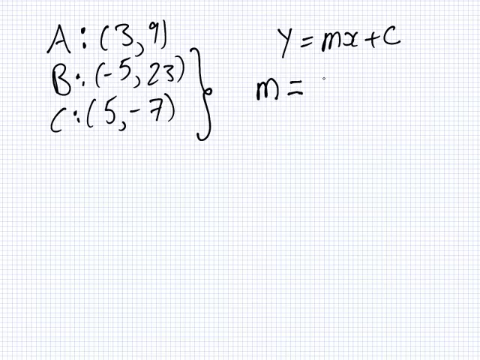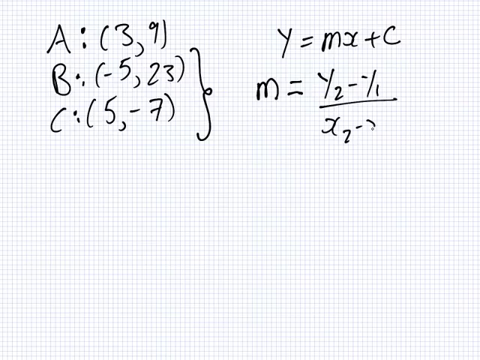Give me the rule. y2 minus y1 over x2 minus x1. Good. So this gives us the m. Then how do we get c? Use B and C. Which one? Maybe point C. I think it's easier.